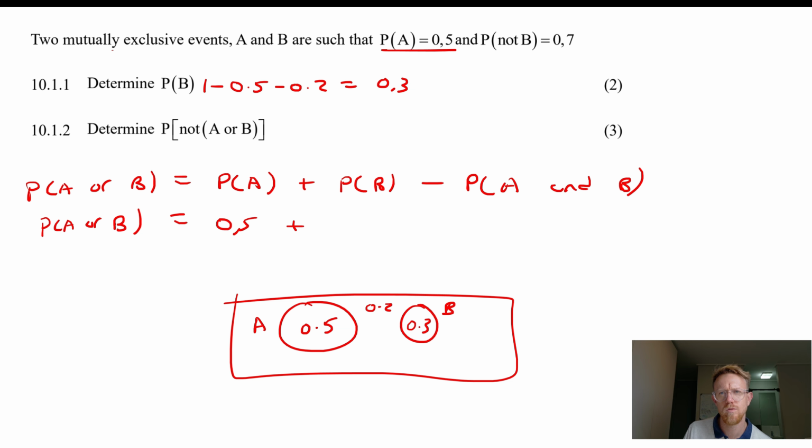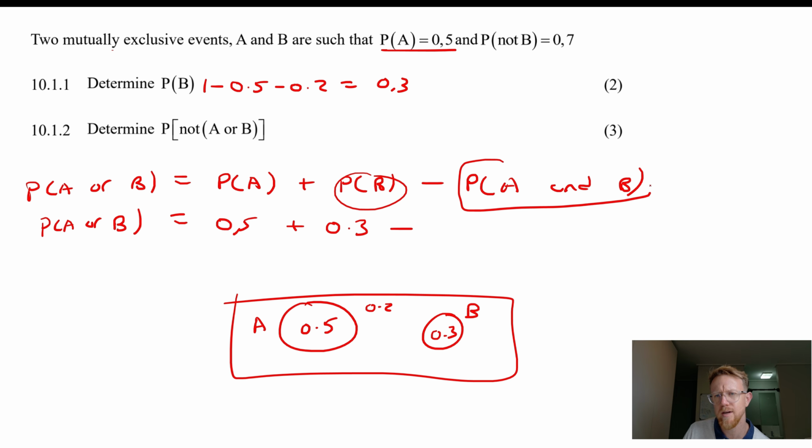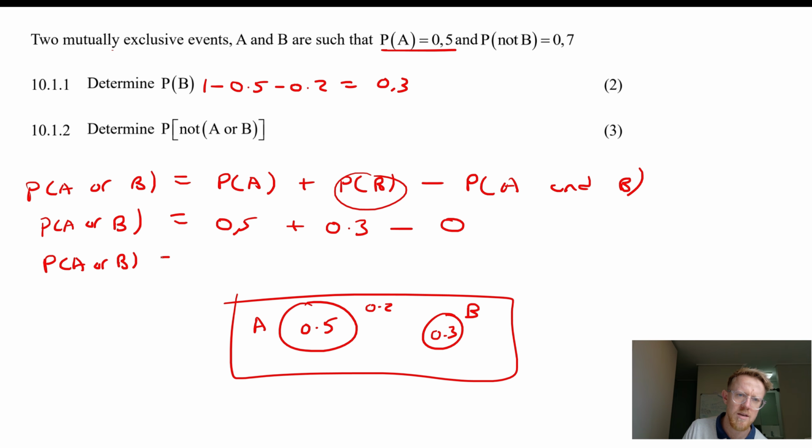So just want to make sure those were the numbers that we said. Yeah, I'd have the 0.3 over there. Okay, so just make this a little bit bigger. Now, probability of B then was 0.3. And we said that because they are mutually exclusive, that part is 0. So then the probability of A or B is 0.8.